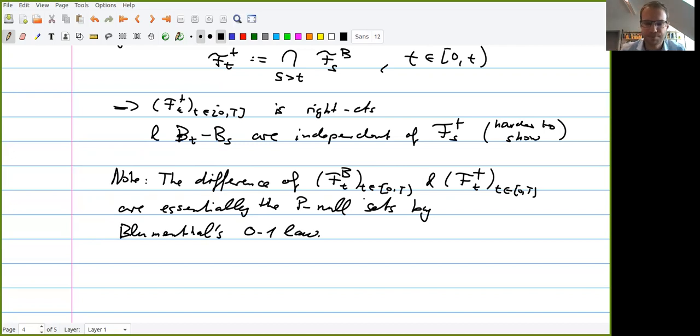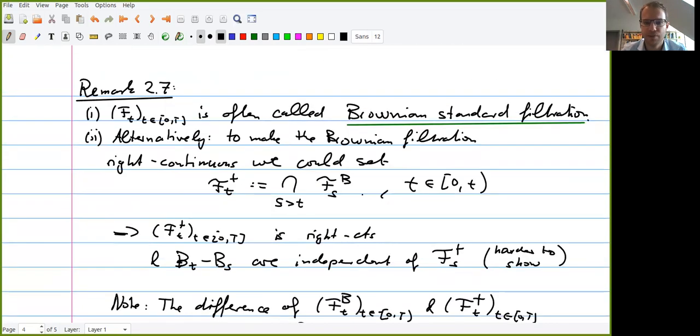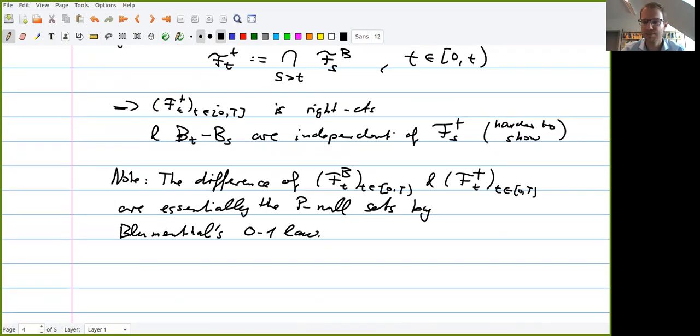So we will always take the Brownian standard filtration. The detour to the alternative approach is just a side remark, as you might see it in some books. We take the standard filtration, meaning we take the natural one, add the null sets, and then we have a right continuous filtration with which we want to work. All right. This is all I wanted to say in this chapter regarding the Brownian motion.